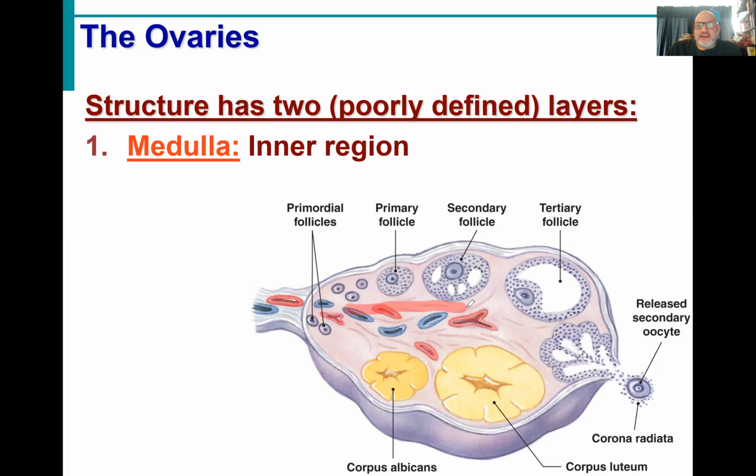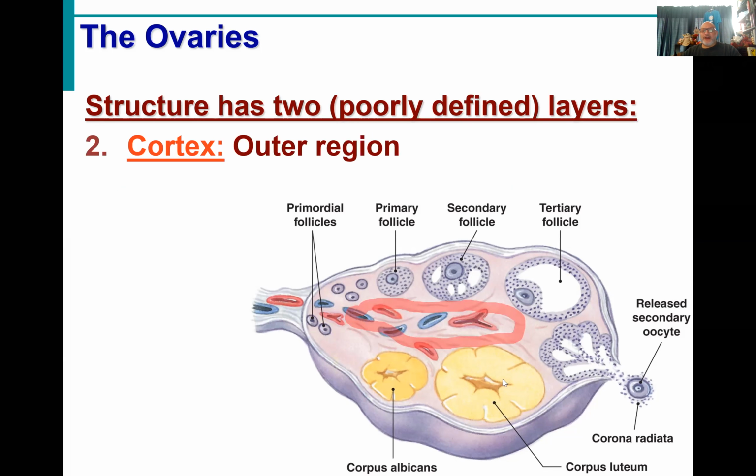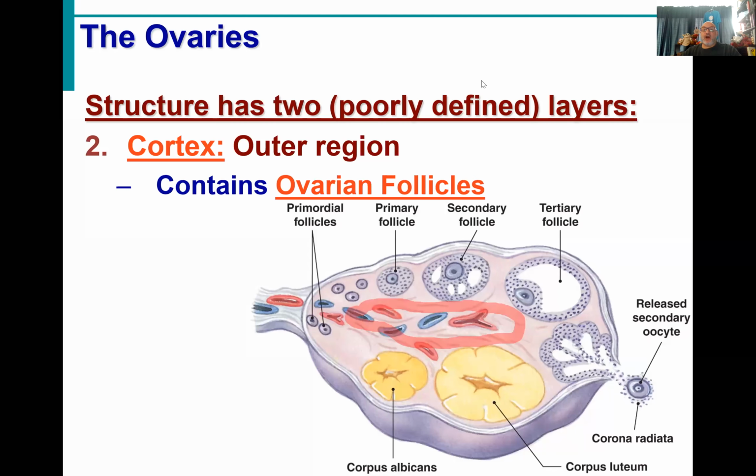The inner region is basically the central portion, primarily the area where we have the large blood vessels and the large nerves that come into and out of the ovary. The cortex, on the other hand, is the outer region that contains structures we call follicles.